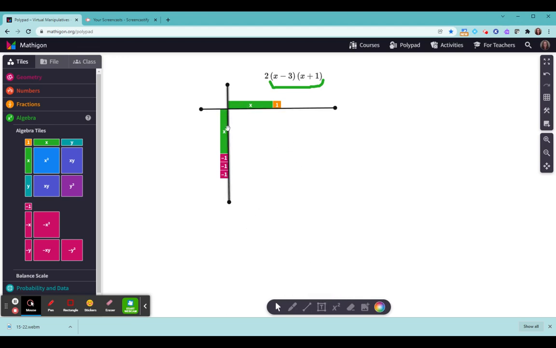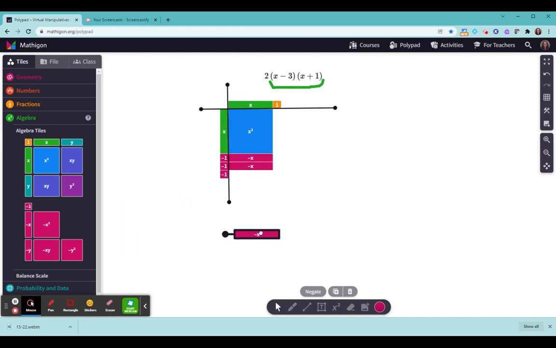Now, x times x gives us x squared. That's what this looks like. X times negative 1 gives us negative 1x.